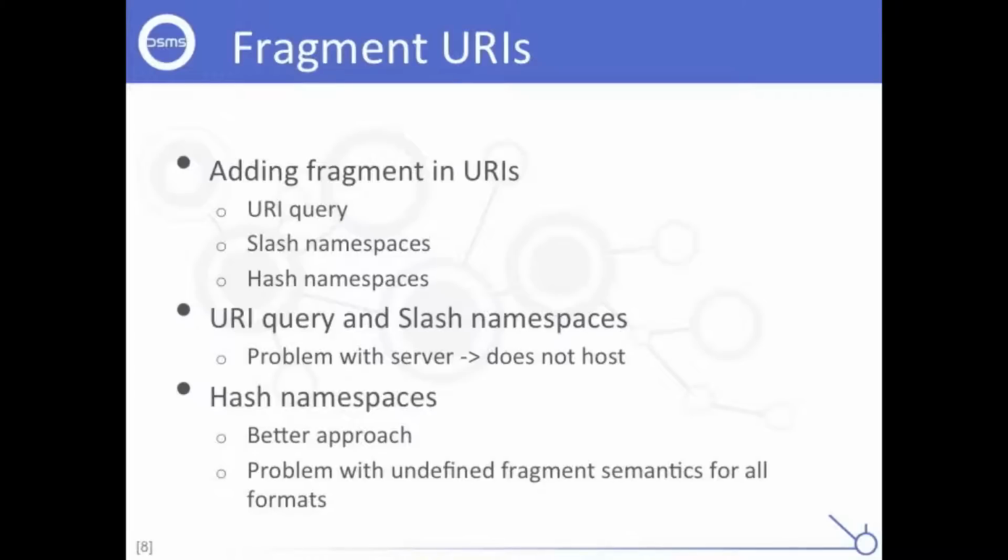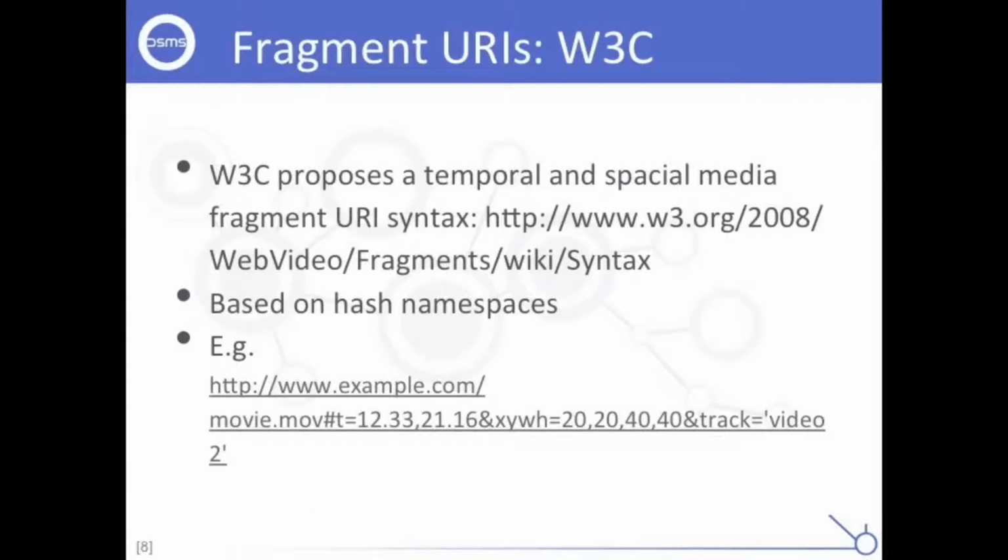Then we have hash namespaces as a better approach, even though it also poses some problems, which are that some formats have undefined fragment semantics. A syntax for fragment URIs is defined by the W3C, which is based on hash namespaces. We have an example here, which defines the URL of example.com. This defines the frame of duration and the space which will be presented for this resource.